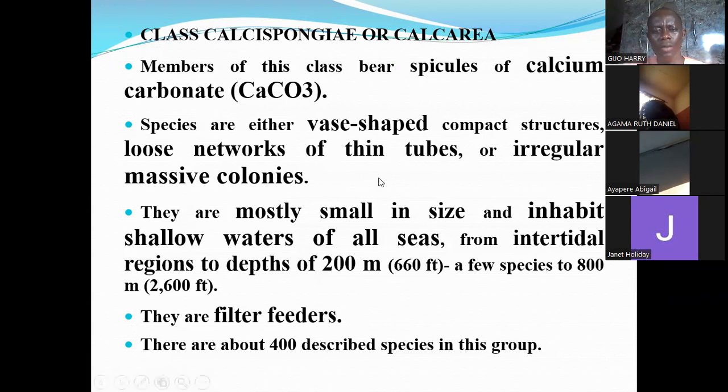So the ostium receives food particles, and through the osculum, wastes are passed out. So they are filter feeders.